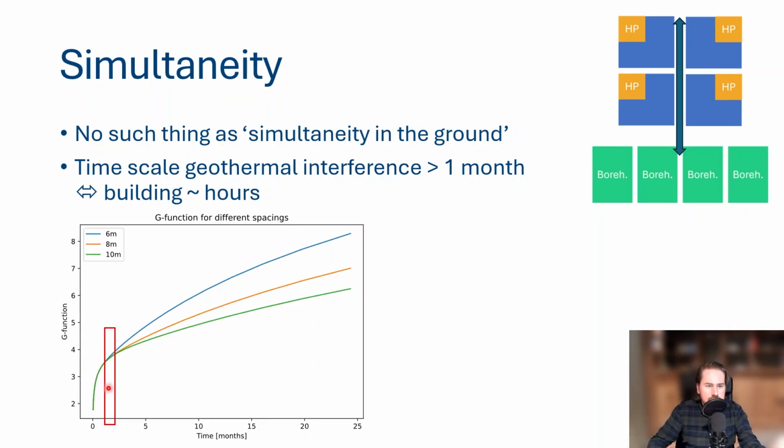And as you can see in this case, it's after 1 to 2 months. So at this time scale, you cannot say anything because the building demand fluctuates from hour to hour and not from month to month. So simultaneity in the ground is not a real thing. Interference is a real thing, but not simultaneity.